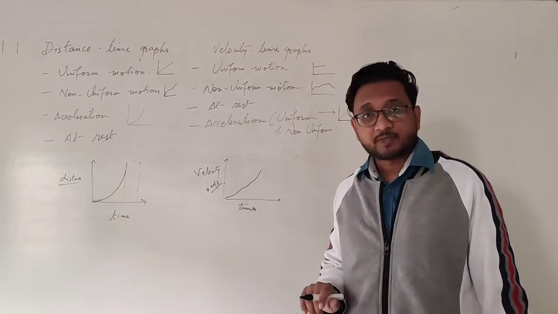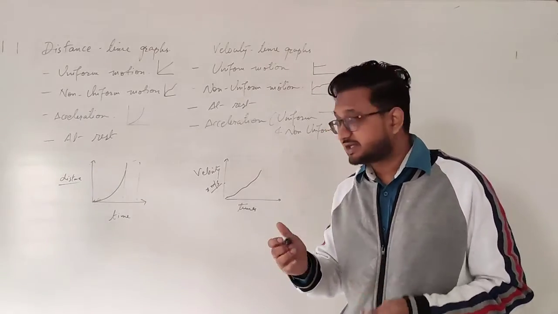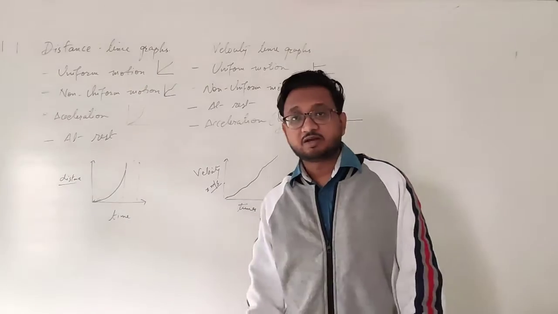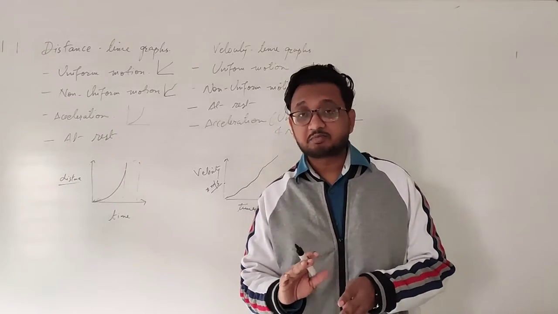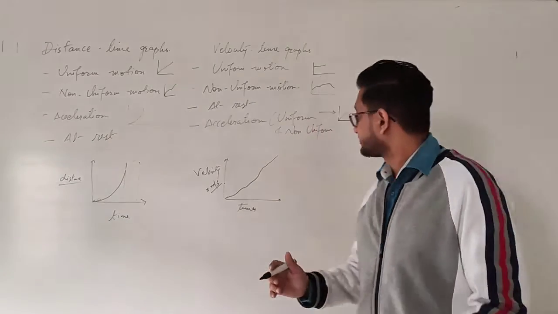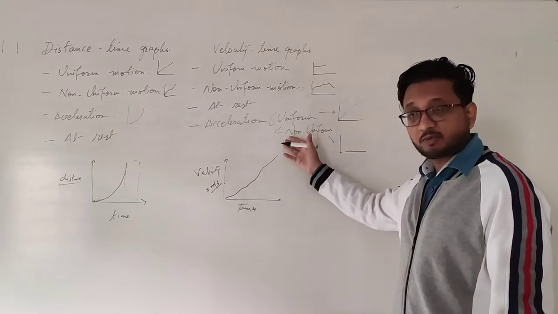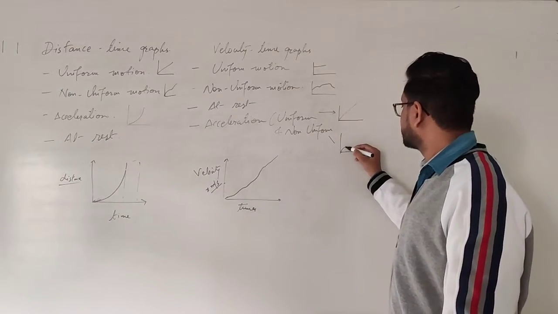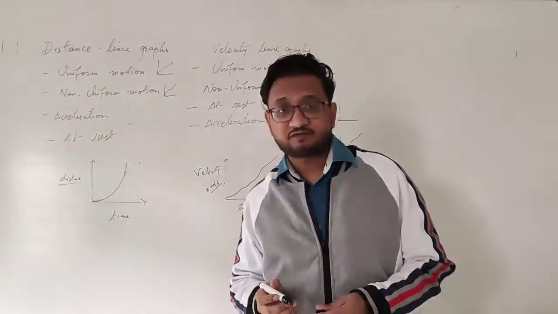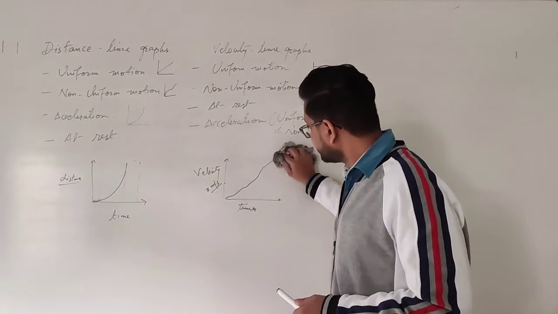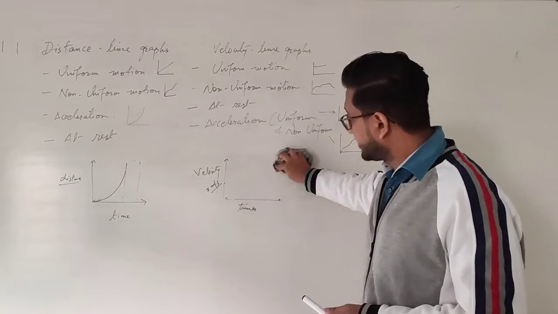No. Because the velocity is always increasing, it can be random, but it is not going downwards. So non-uniform acceleration has an uneven graph like this, always increasing, never going down.